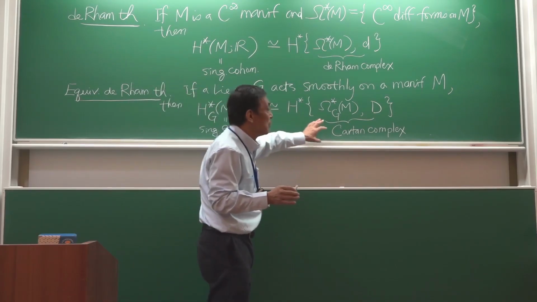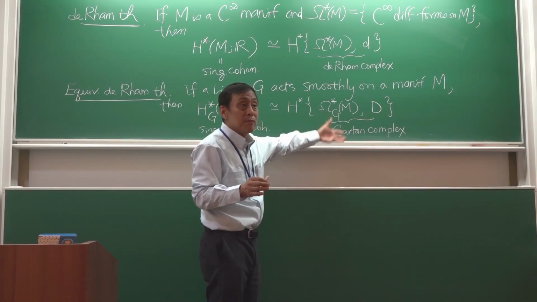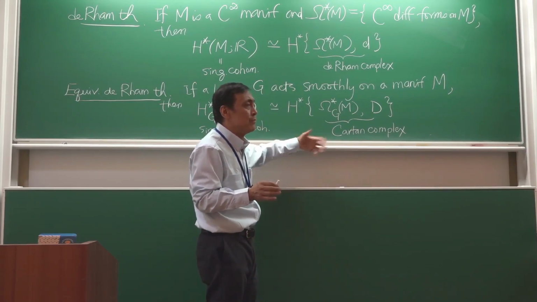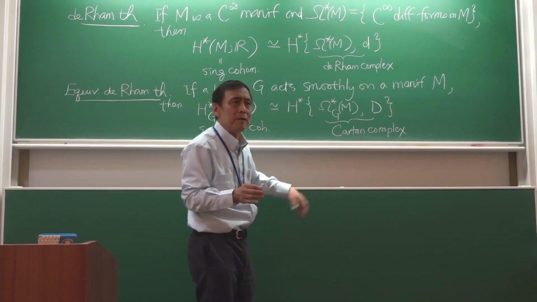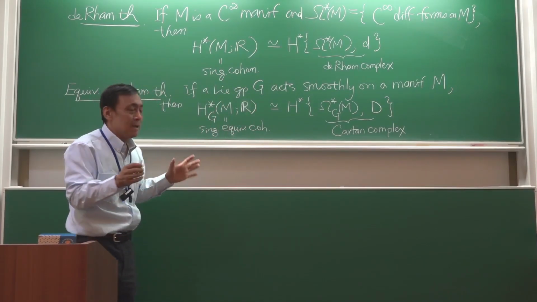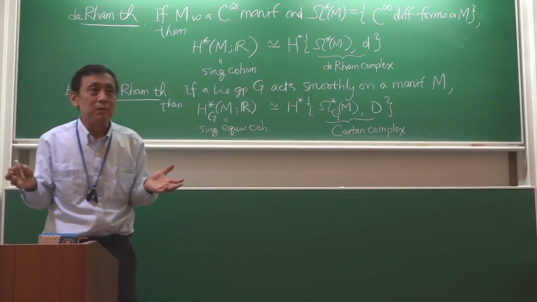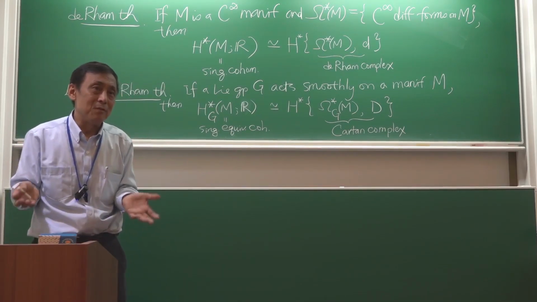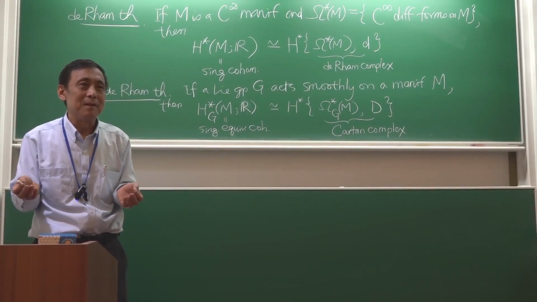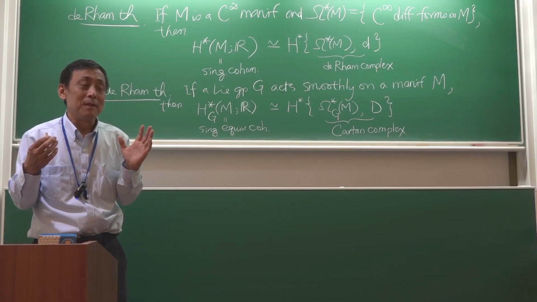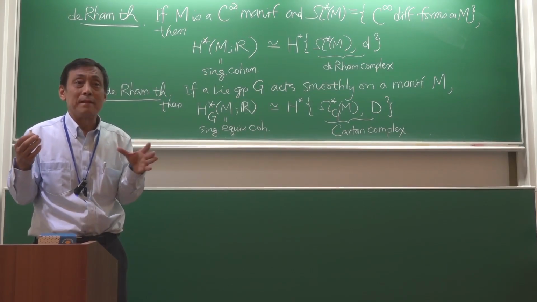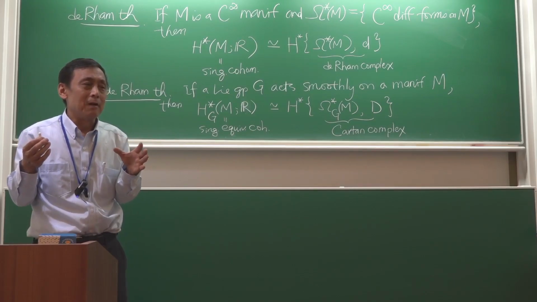Now, this theorem will allow us to use equivariant differential forms to calculate equivariant cohomology and to prove many theorems about equivariant cohomology. Okay? And, well, so I have to assume that you know about differential forms, you know about the exterior derivative, and you can learn that in my book on manifolds.